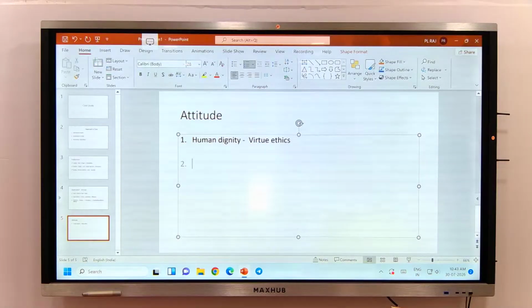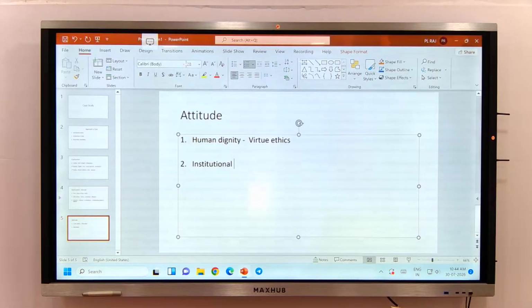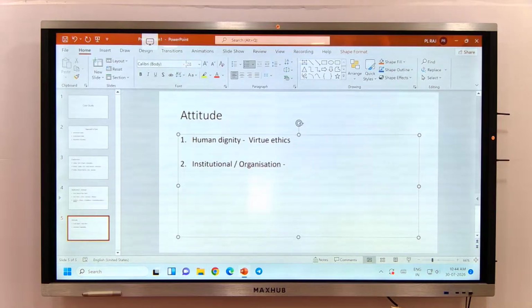Then any case that deals with institutional moralities, if a particular institution or corporate organizations, your approach should be based on the Kantian ethics of categorical imperatives.